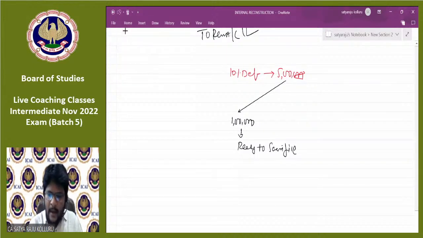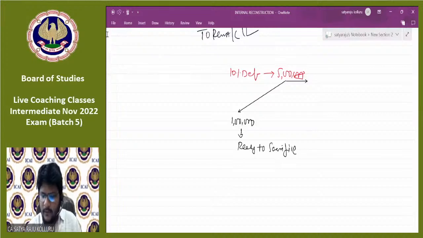And for the remaining amount, the company is going to issue equity shares.